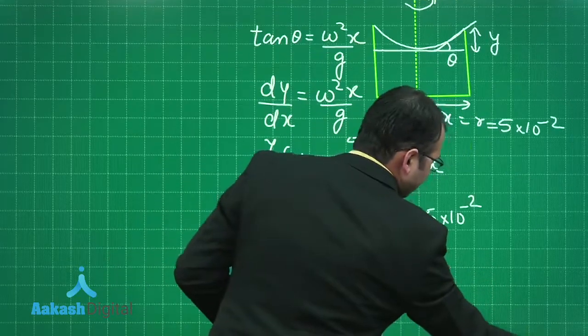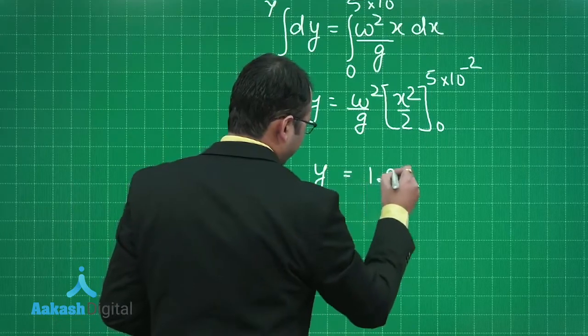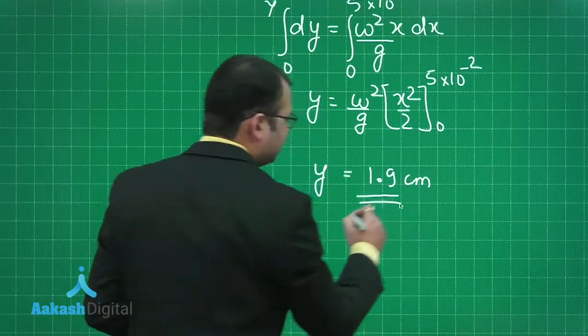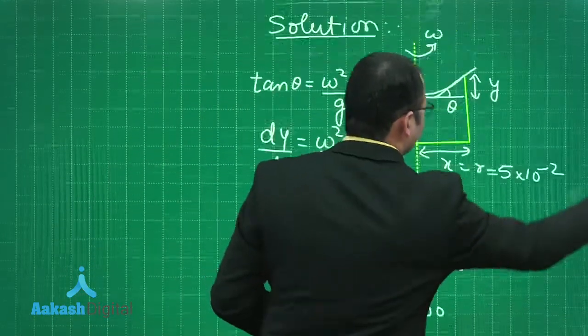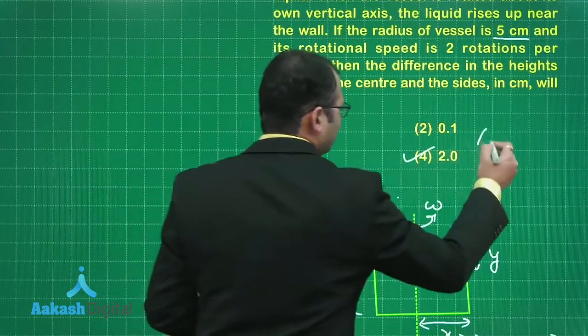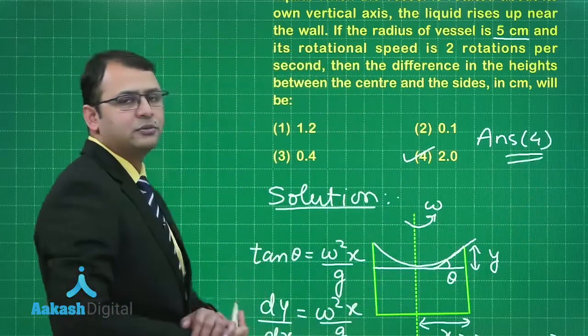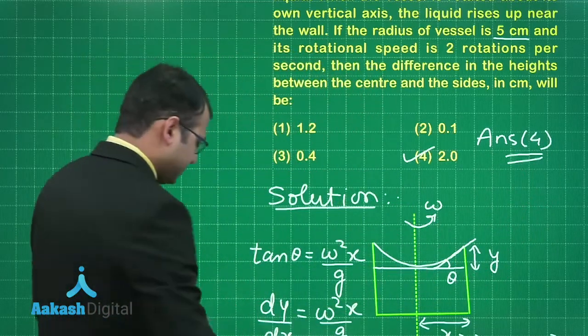Putting the values and solving it, you will get y equals 1.9 centimeter. Let's see which is the closest option. As far as the question is concerned, among the 4, option number 4 would be the right answer, right? Let's move ahead and solve our next question.